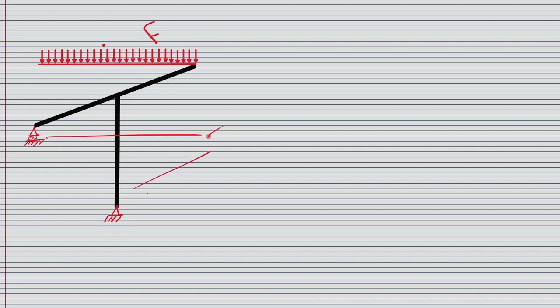So supports have two jobs. They constrain motion, and they provide us with reactions that maintain our static equilibrium.